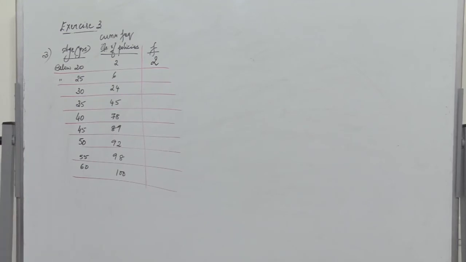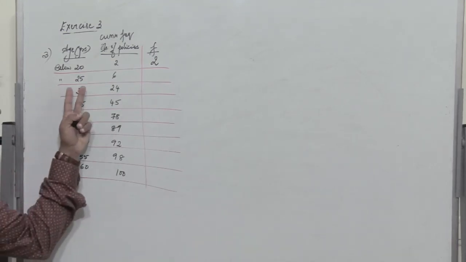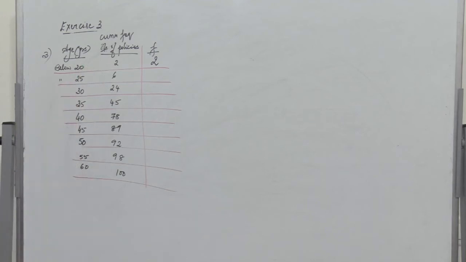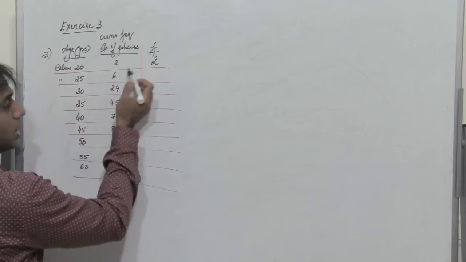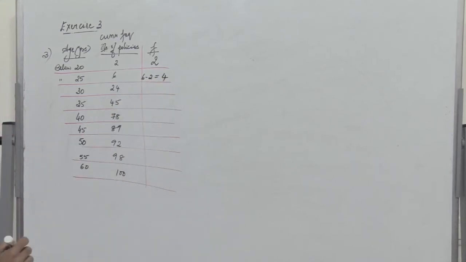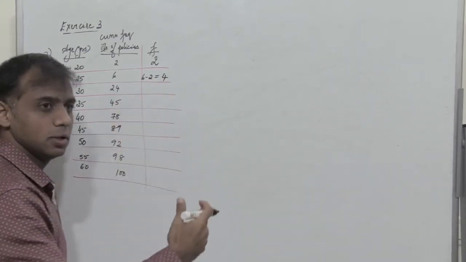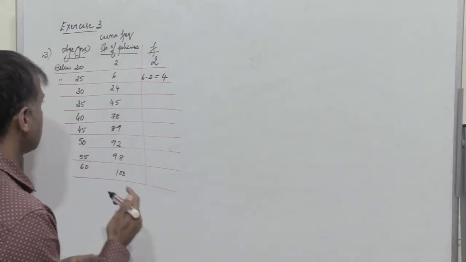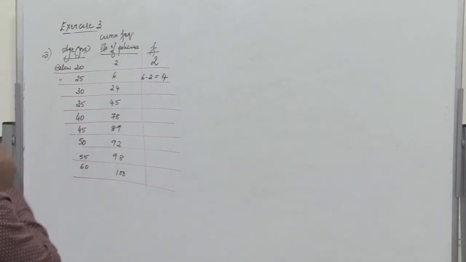If I want to find the number of policies which the agent has within the age group 20 to 25, what do I do? I subtract 6 minus 2. So 6 minus 2 gives me 4 here. Now if I want to know how many policies the insurance agent has within the age 25 to 30, what do I do?